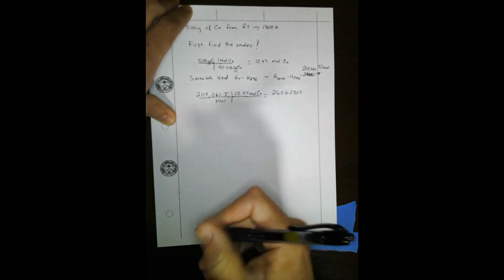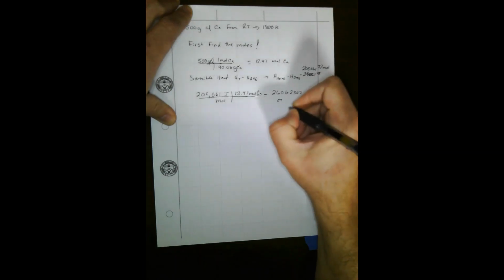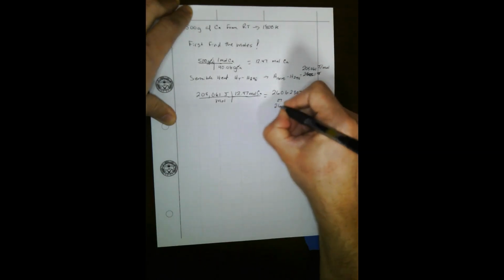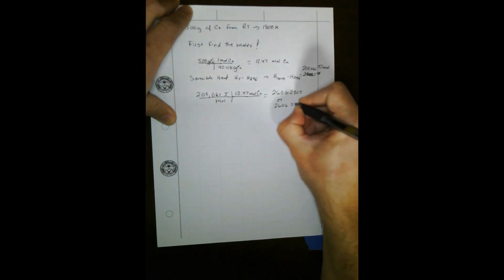Maybe a little bit different if I rounded poorly. You can also rewrite that in terms of kilojoules: 2606.23 kilojoules.